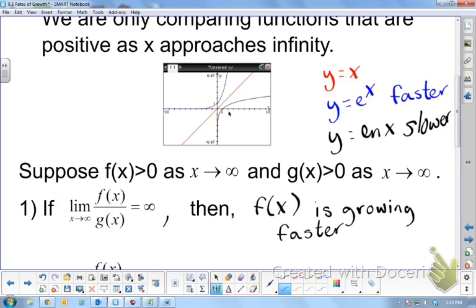So let's see if that makes sense. Let's say we're going to have f of x be e to the x, and g of x be x, as x approaches infinity. This is just for us to think about it.